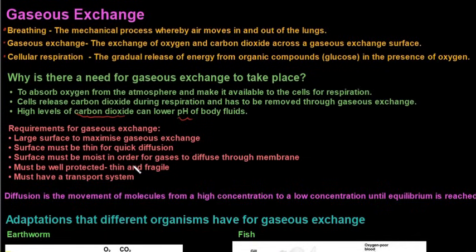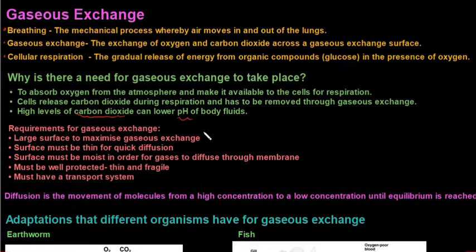So firstly, you need to have a large surface area to maximize the amount of gaseous exchange that can take place. And thinking of the human lungs, if you were to open up the human lungs and cover a surface area of that, it would actually cover a tennis court, which is mind-blowing that is inside your body. So we've got a very big surface area for efficient gaseous exchange.